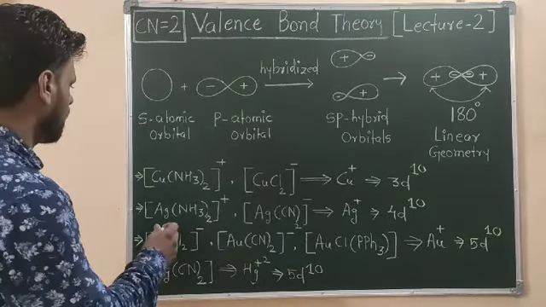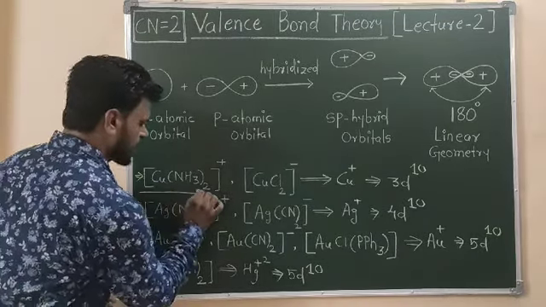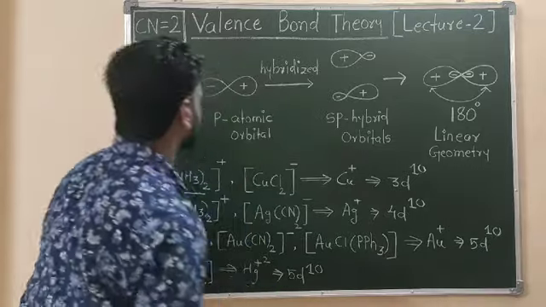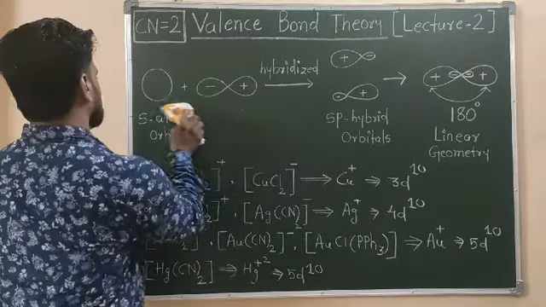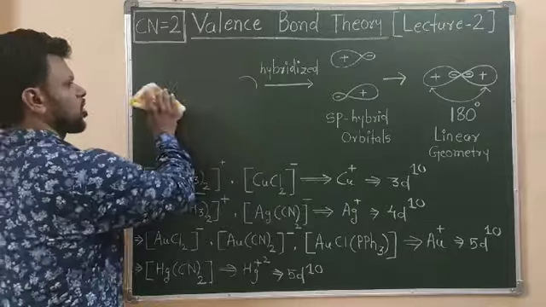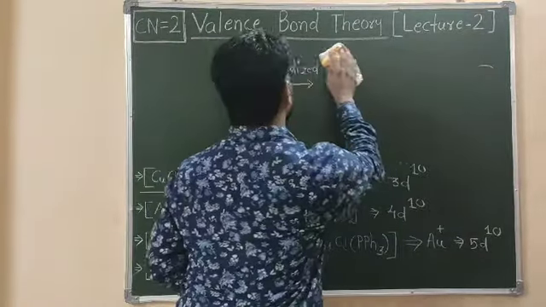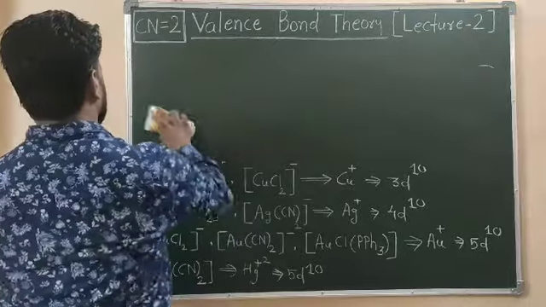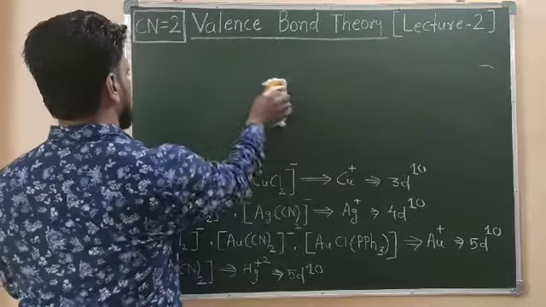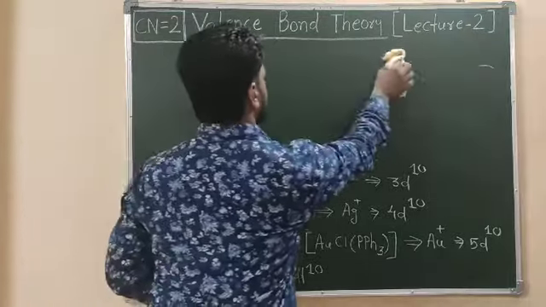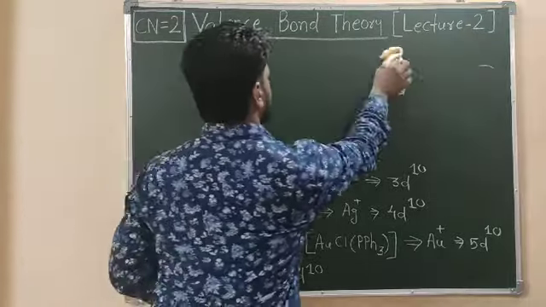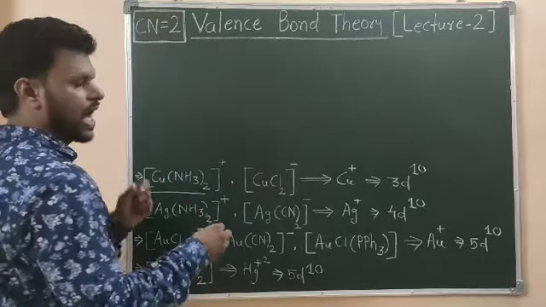Now I will take just one complex and we will try to understand how the bonding occurs in complexes having coordination number 2. Here we have a d10 system, and if I want sp hybridization, the empty s orbital and the p orbital of the metal should undergo hybridization.